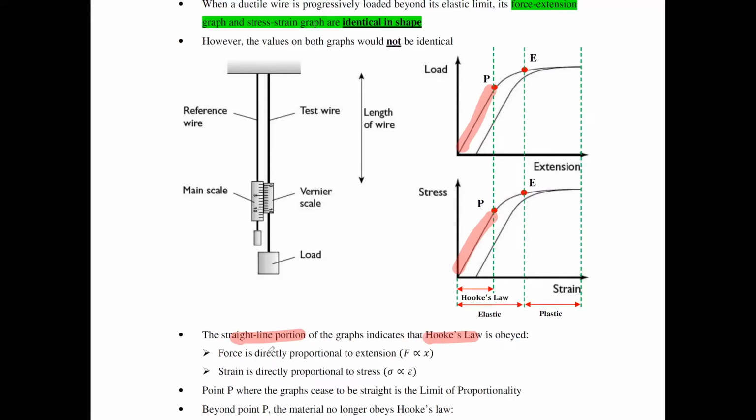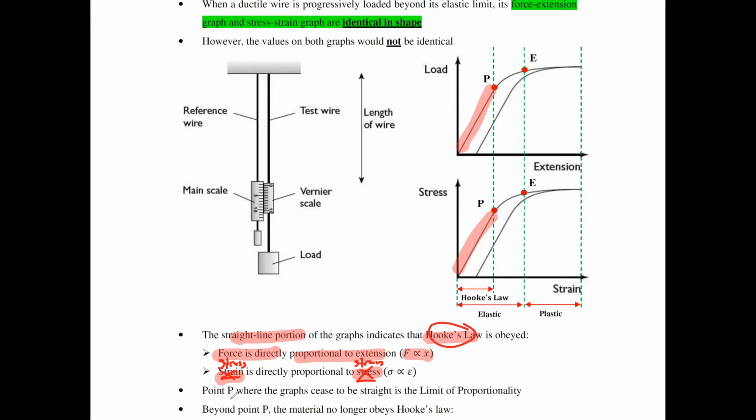This means that force is directly proportional to extension, and stress is directly proportional to strain. Stress is proportional to strain, it's actually the same thing. So this portion tells you that Hooke's law is obeyed for the straight line portion.